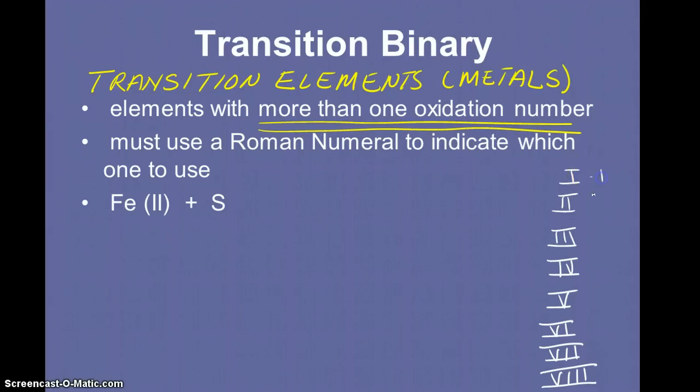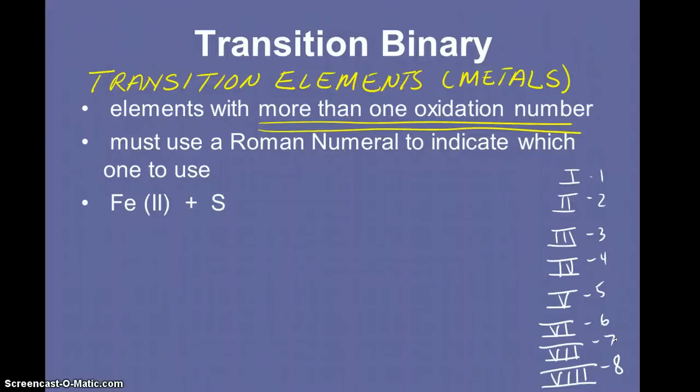And I will stop right there. I think that will work very well for us right now. So you definitely need to know these. You need to know your Roman numerals. So if it's a matter of making flashcards, please do so. You have to have those memorized. I will not be giving those to you.